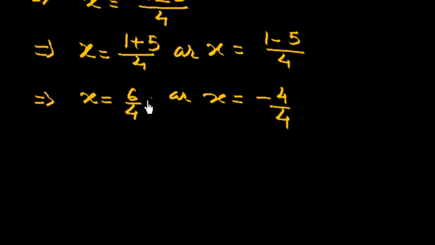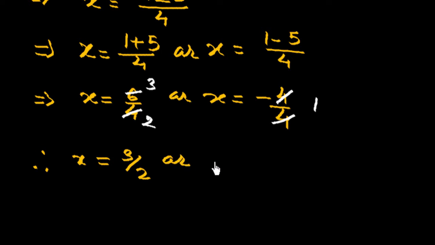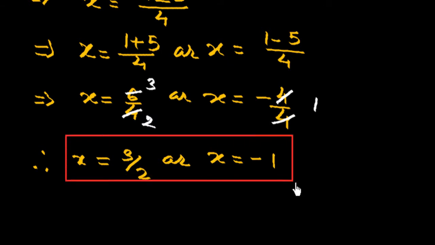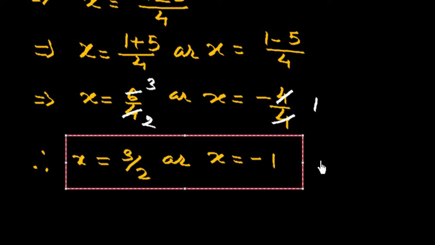Finally, 2 times 3 and 4 times 1. Therefore x is equal to 3 over 2 or x is equal to minus 1. So we have got the answer: x is equal to 3 over 2 and x is equal to minus 1.